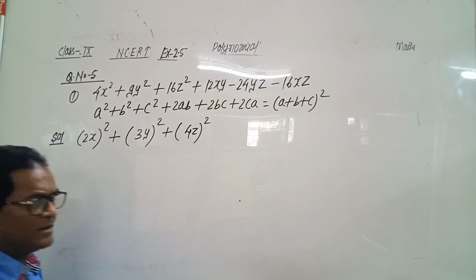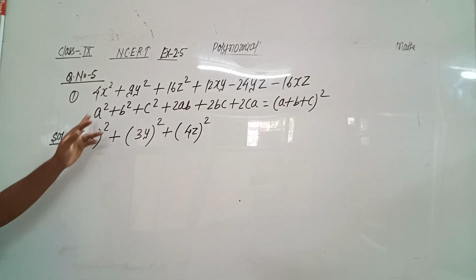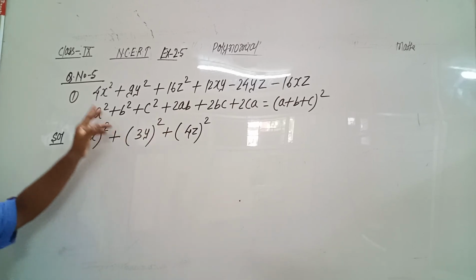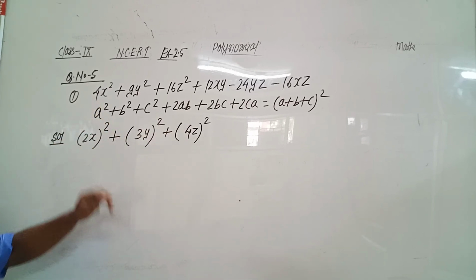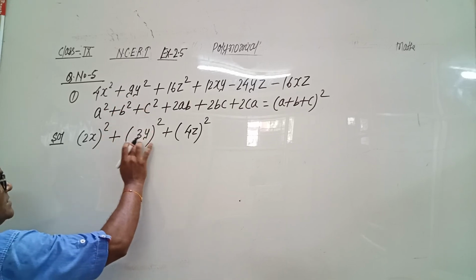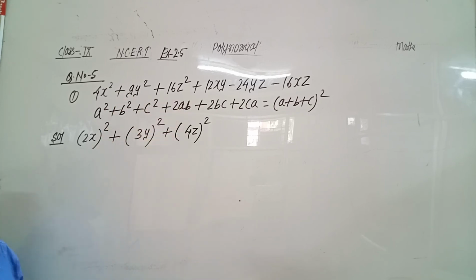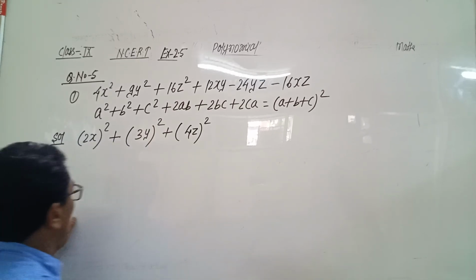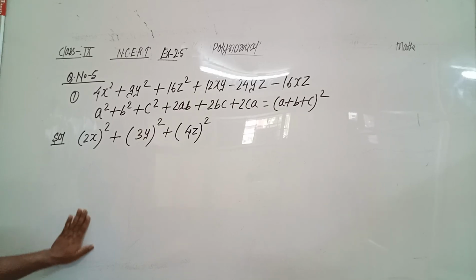So in the very beginning, we have to write the three terms containing squares in the whole square form. Now we have to observe the negative terms.